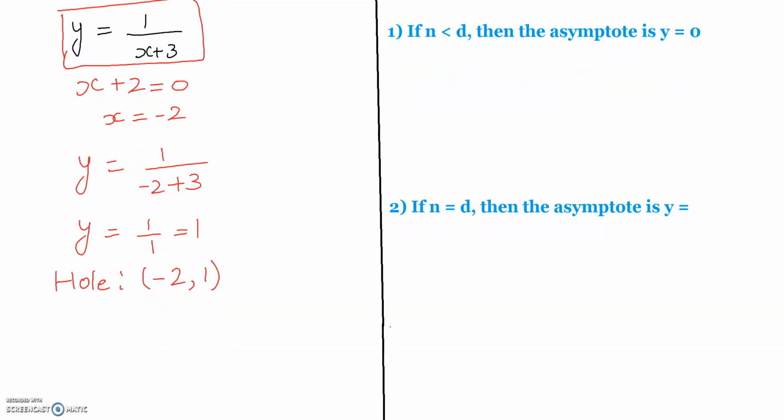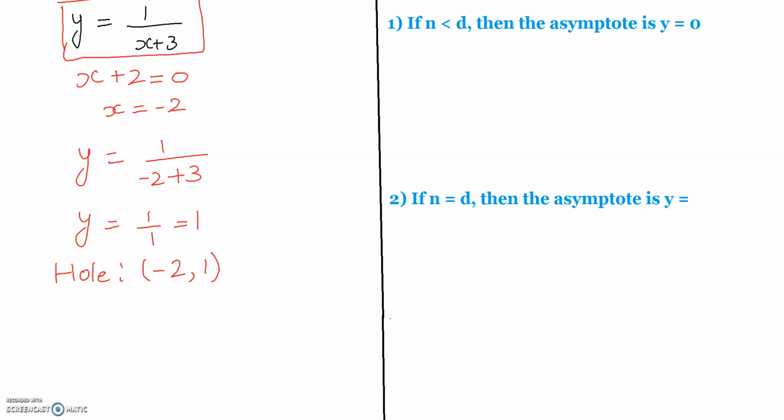And in order to find the vertical asymptote, I will take the denominator, set that equal to 0 and solve for x. Therefore, the vertical asymptote is x equal to negative 3.